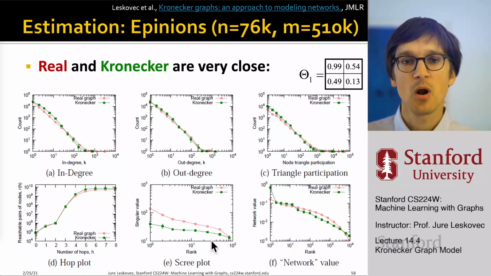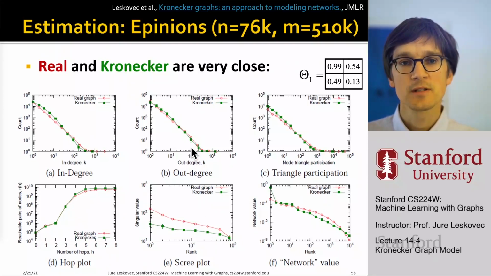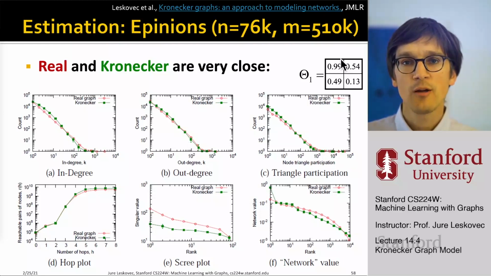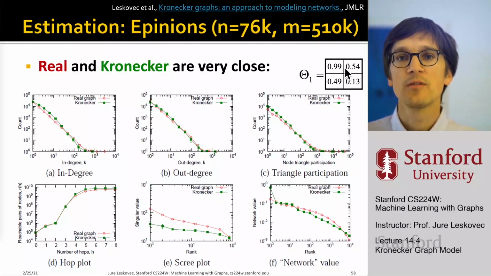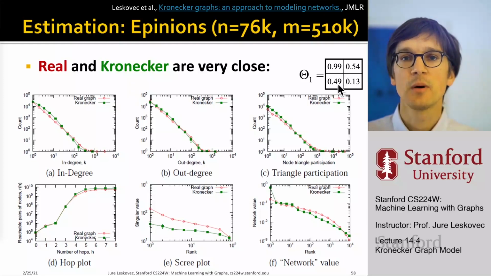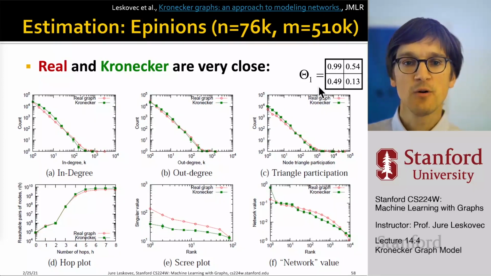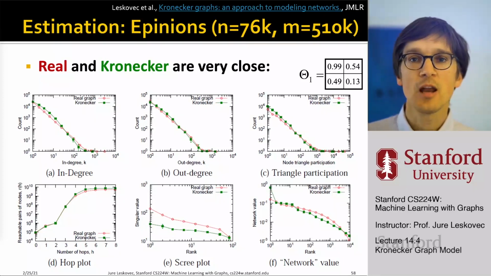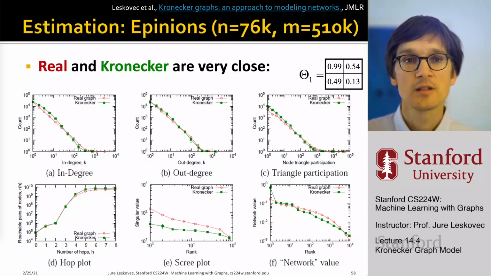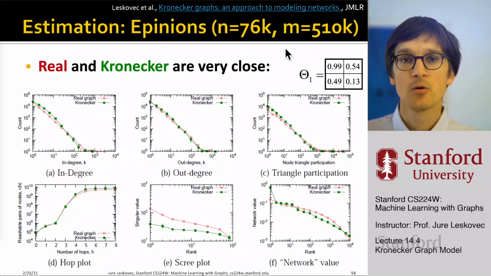These are some other properties that people care about, and you can notice how Kronecker graphs in green and the real graph match really well, and all you have to do is decide on these 4 different parameter values. So with just 4 parameters, we are able to generate realistic graphs using Kronecker graphs.